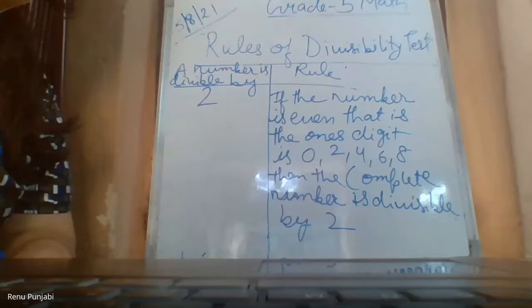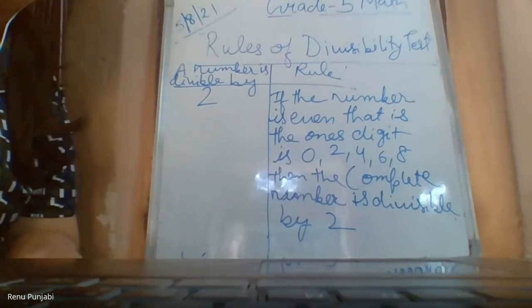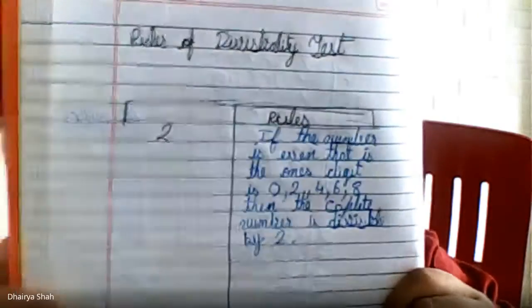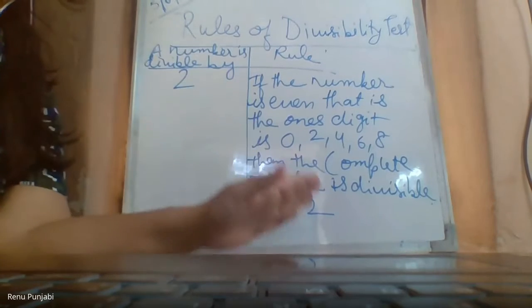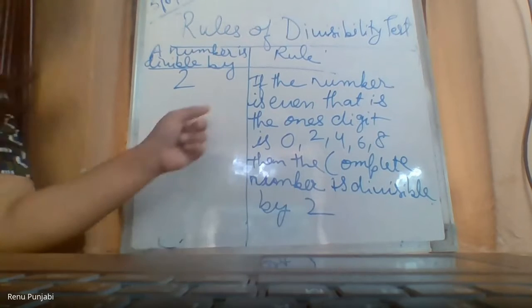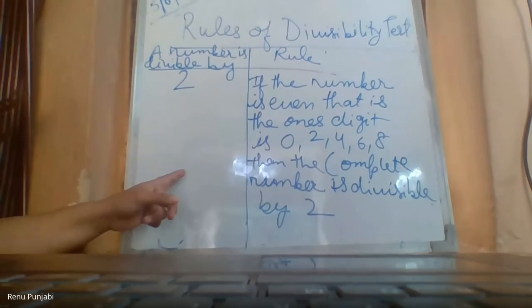Very good, yeah, she fixed Hania's work. I checked, Ayush, very good. What it is written 0, 2, 4, 6, 8. Then what is it written? Then the complete number is divisible by 2. Ma'am, can you see my notebook work? Yes, good, very good. Can you see? Anushka, good. Yes, Ayush, Yash, I checked. Now, please stop showing me. And I'm going to erase the board now because I need to write the next divisibility.